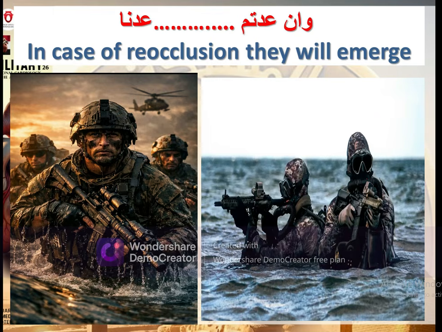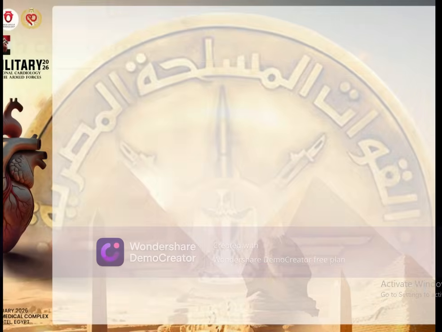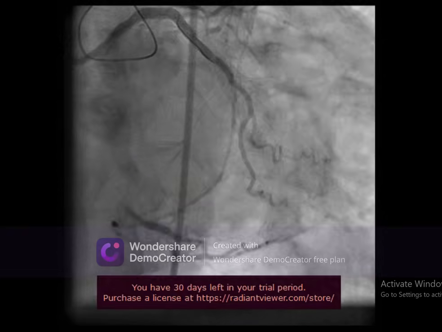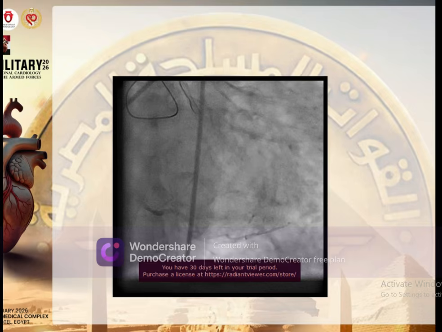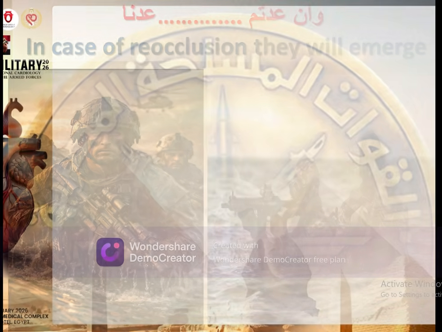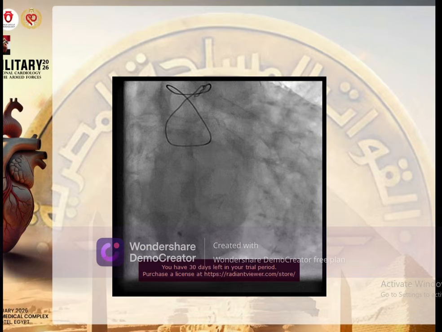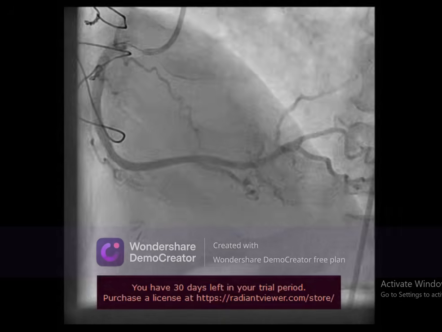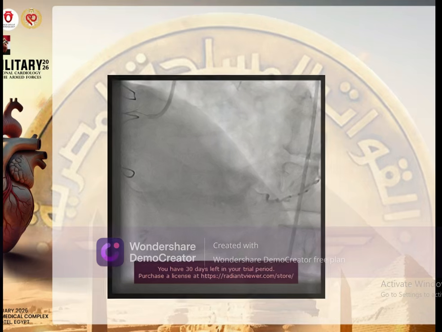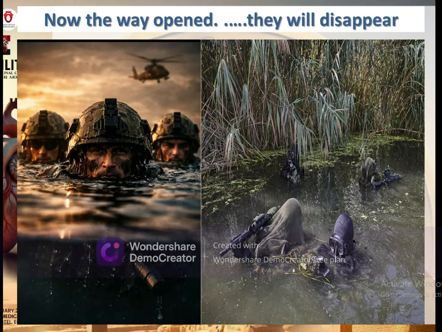After reviewing the literature, after opening the left system the retrograde collaterals become more prominent, and after opening the native artery, as we see in the previous angio, the retrograde collaterals completely fade out within about 30 minutes at the time of the procedure.